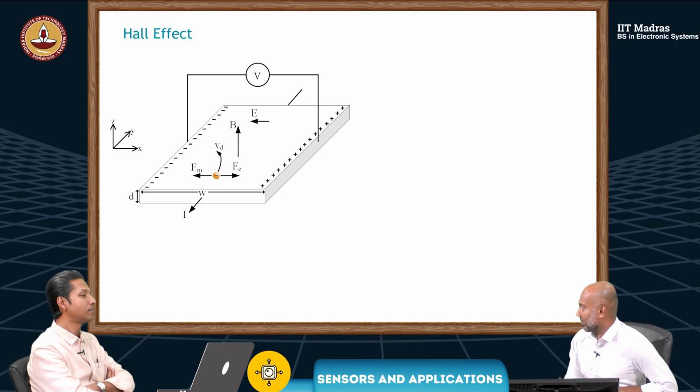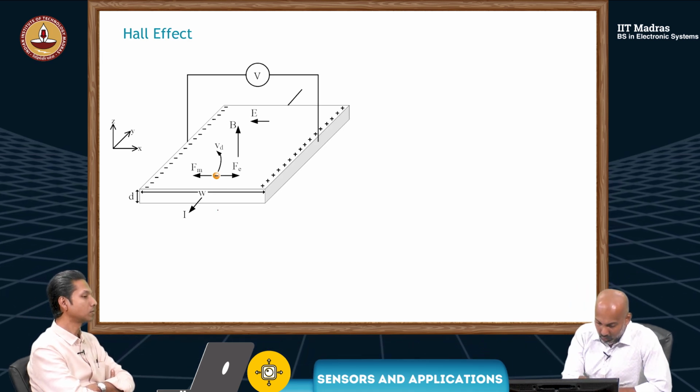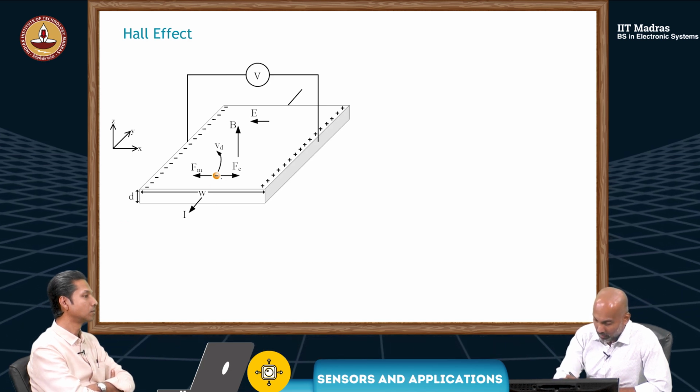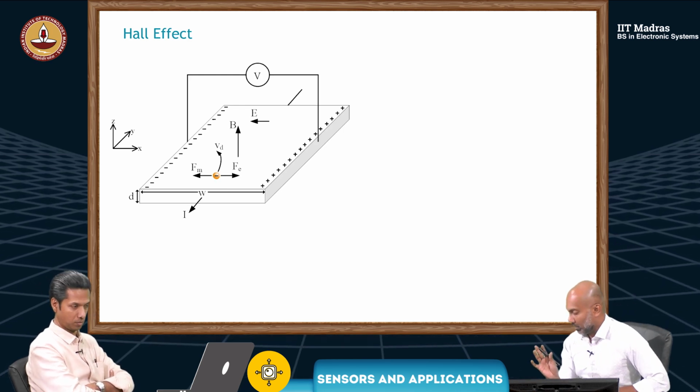Now we have our current conducting strip. Remember initially our electrons are flowing in this direction without the magnetic field.